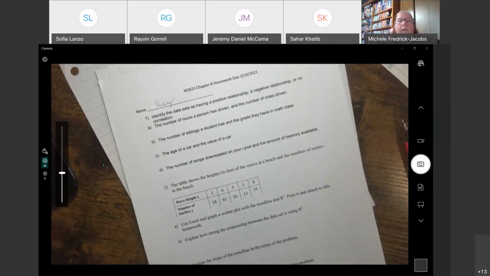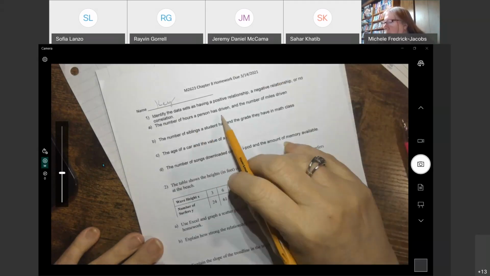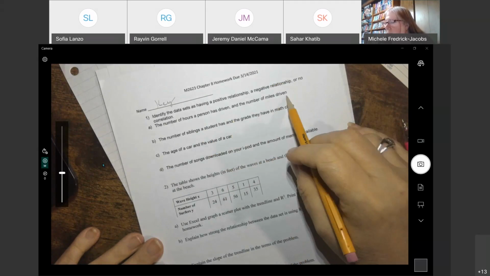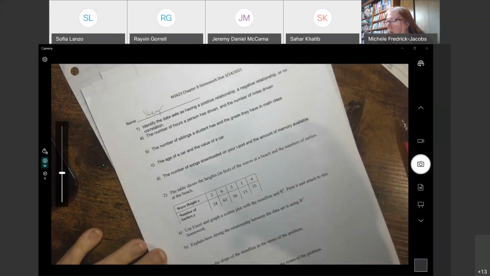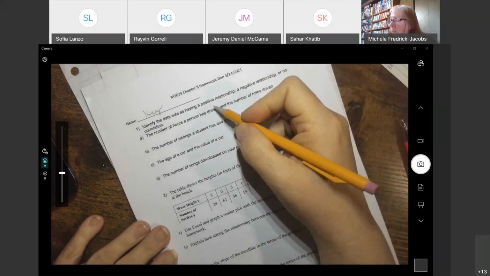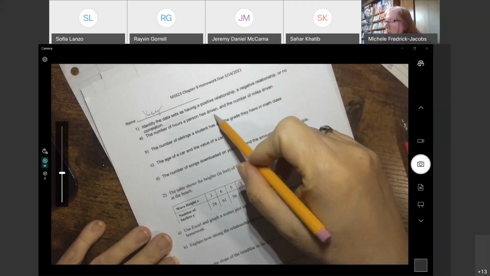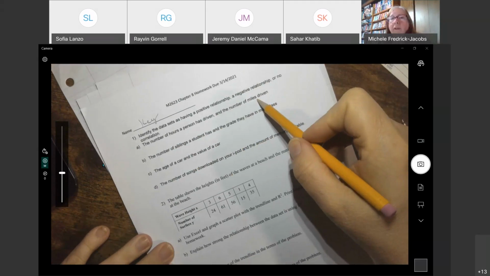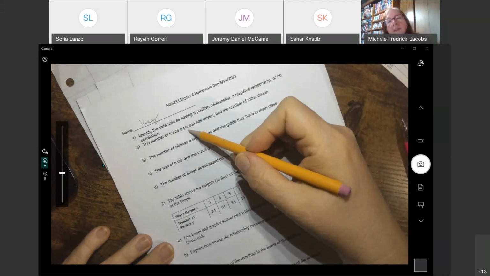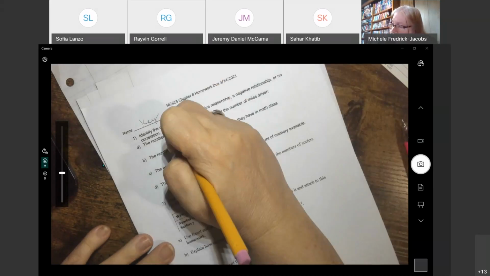So for these ones, we're looking at whether there's a positive, negative, or no correlation. On the first one, the number of hours a person is driven and the number of miles driven. Positive? Positive? Nope, that's fine. So I agree, there would be a positive relationship. The more you drive, the more miles you're going to go. So as hours driven increases, the number of miles will increase, which means it's a positive correlation.